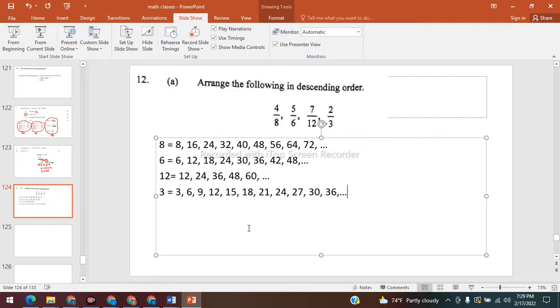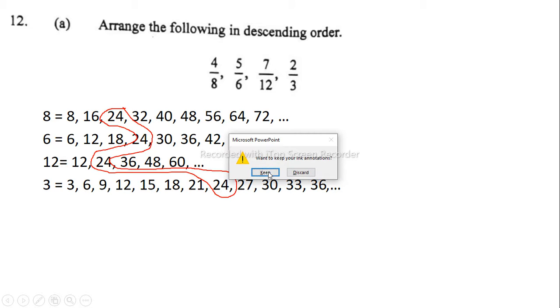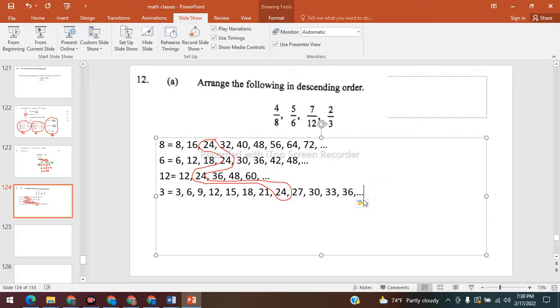The lowest one is 24, and 24 appears in each list. So the lowest common multiple of 8, 6, 12, and 3 is 24.